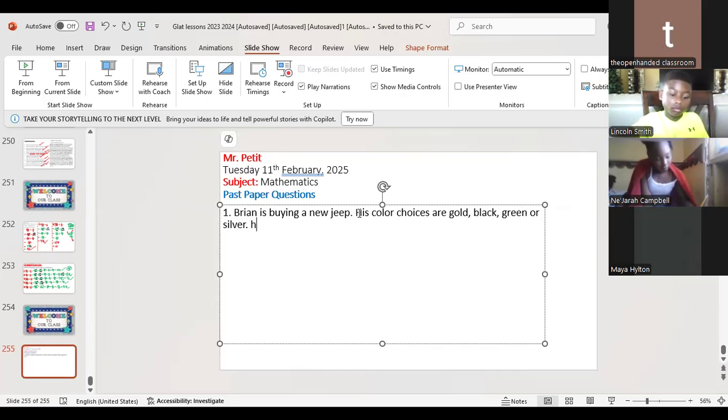He also has a choice between spinning or plain rims and leather or cloth seats.